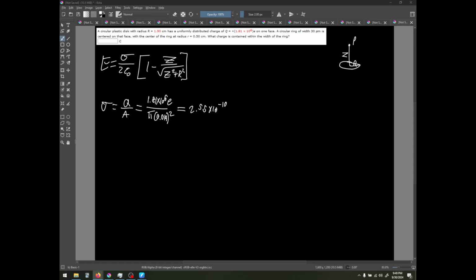Okay, so then now it's area. He says, let's see, total charge equals the surface charge density times area. So now I just need to know the area of a ring.